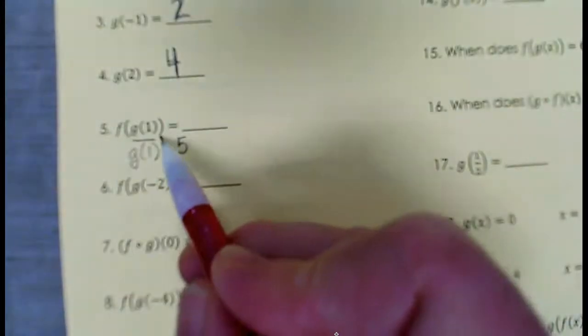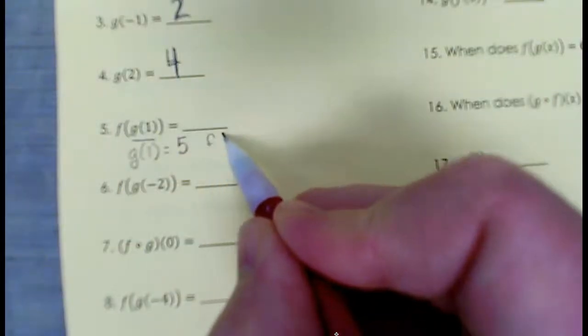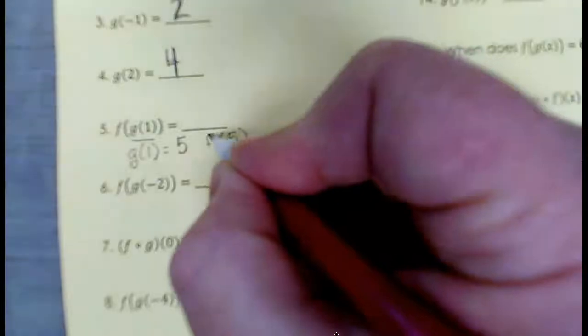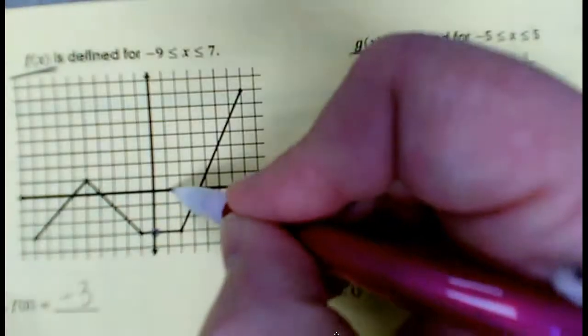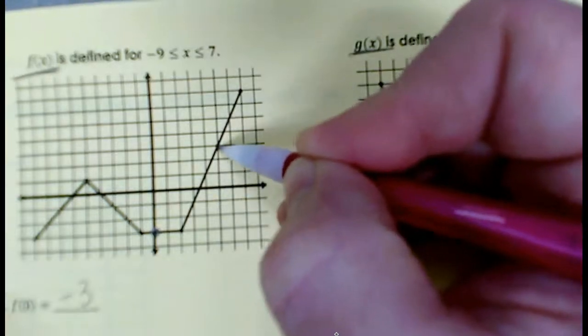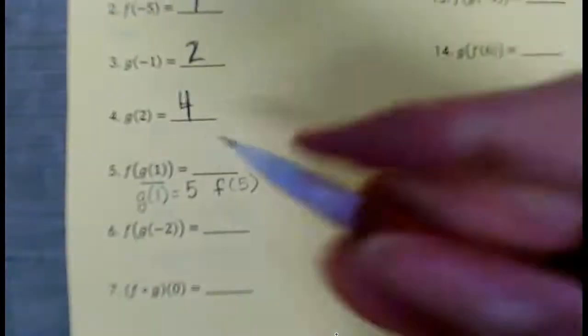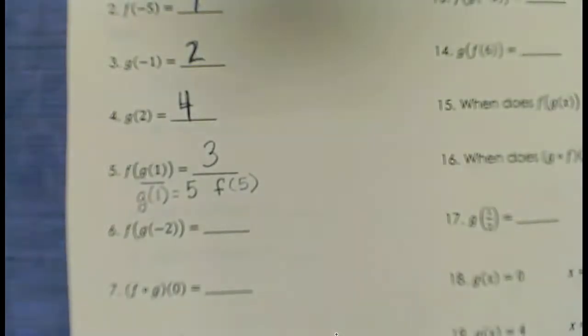Then composite notation says take that 5 and put it in the outside function. What is 1, 2, 3, 4, 5? 1, 2, 3. F of 5 goes with a y value of 3.